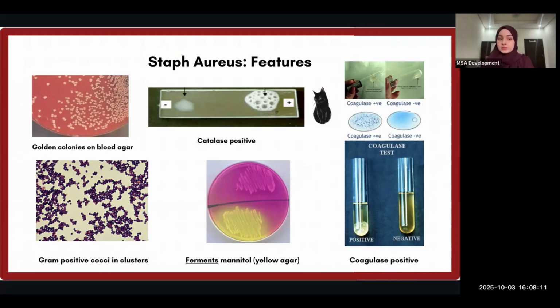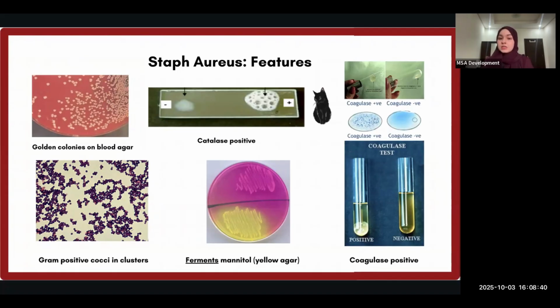So Staph aureus, on blood agar, you can culture it different ways, you can do different tests, all to show you the same result, which is diagnosis of Staph aureus. On blood agar, what would you see? You would see golden colonies. So this is over here. If you do a gram stain, you'll see gram-positive cocci in clusters. We know this. If you do a catalase test, will it be positive or negative? It will be positive. Now, what is a catalase test?